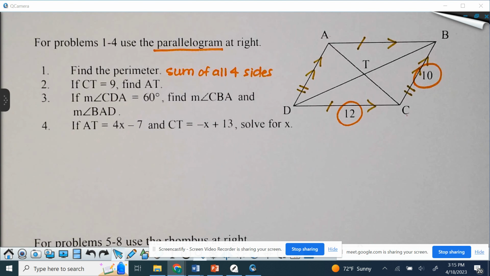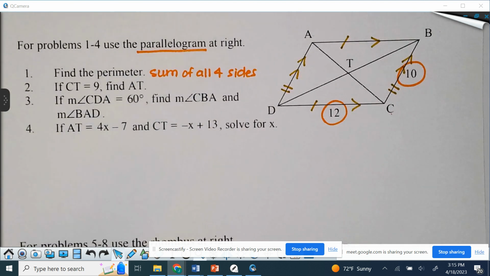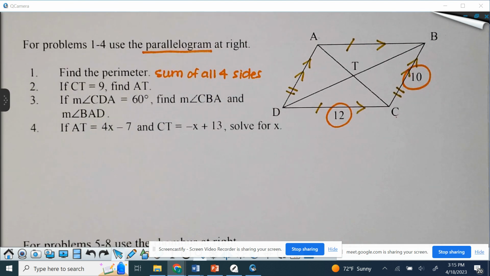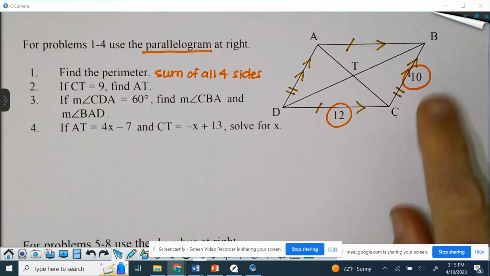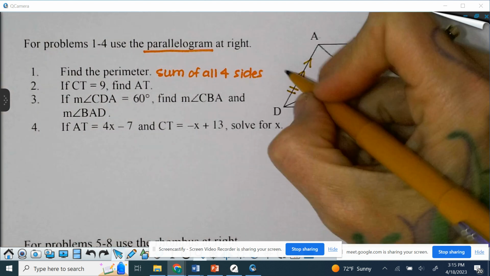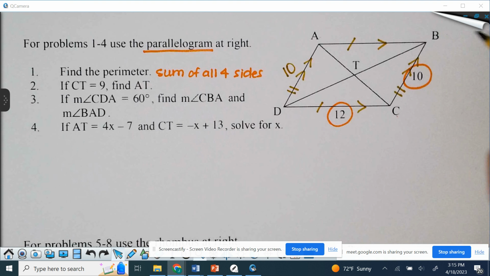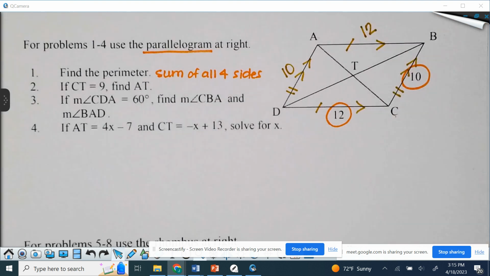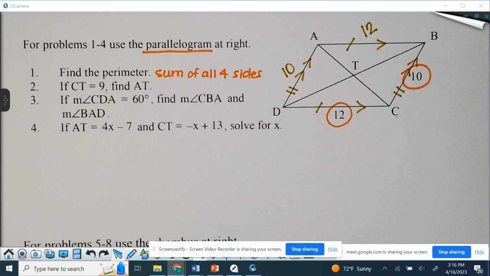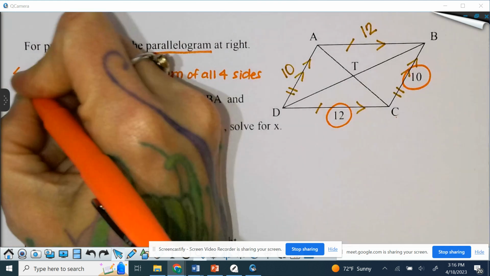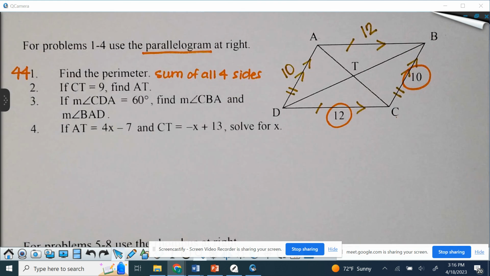You may not see both markings, but if they do single arrow, double arrow, that's the same as the dashes. So if this is 10, this also has to be 10, and this also has to be 12. Add all four together and you get 44. So your perimeter is 44 units; in this case it doesn't give you a measure, so 44 units long.